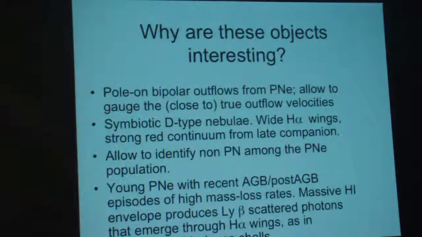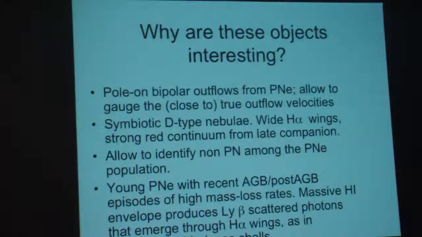Okay, so why are these objects interesting? These objects with wide H alpha. Well, the easiest answer is that most of them are polar bipolars that allow us to gauge close to true outflow velocity, so we don't have to deal with all this issue about de-projecting velocities. We know that symbiotic D-type nebulae also show this kind of wide wings.